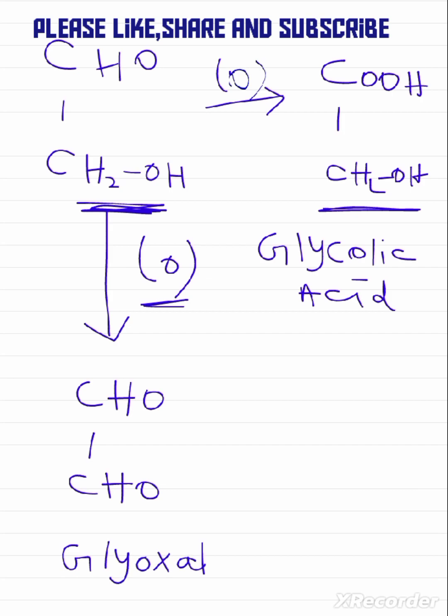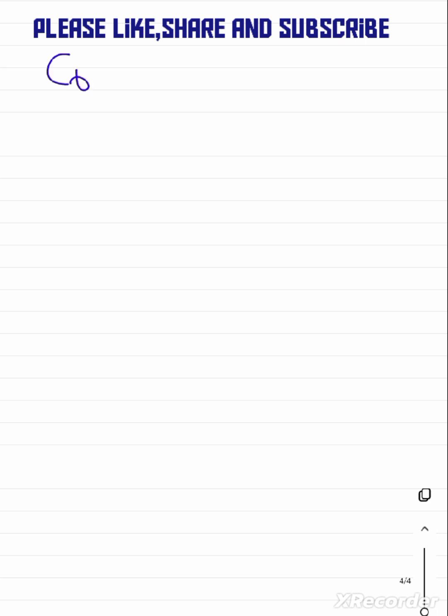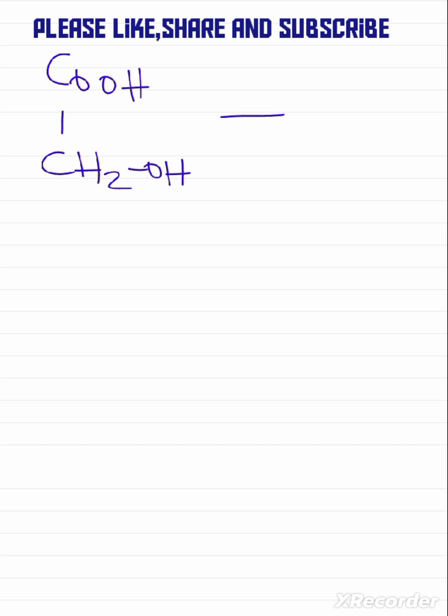So we are going to oxidize the glyoxal and the glycolic acid further, separately, and we are going to get COOH CH2OH. This is called glycolic acid, and we are further oxidizing it, and it may form COOH CHO. Right?